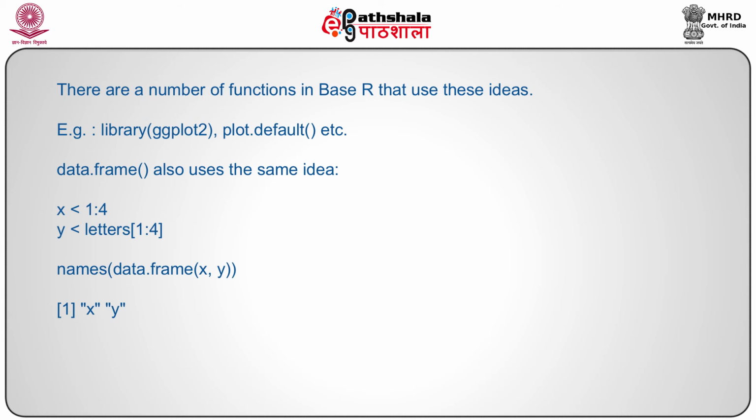If you build a data frame containing x and y with x containing the numeric values 1 to 4, whereas y contains the first 4 letters, that is, our x will be like the one we have given here, and y will be letters 1 to 4, that is A, B, C, and D, and hence our data frame will be constructed with x and y.